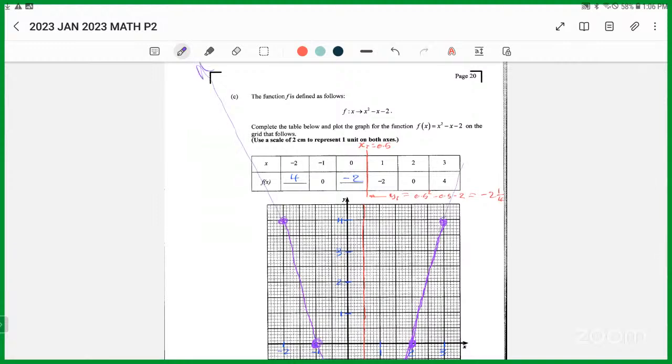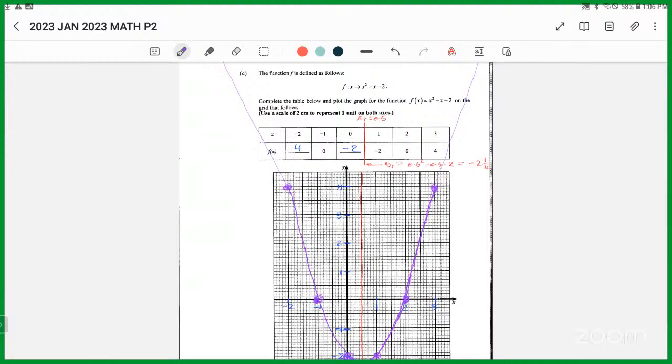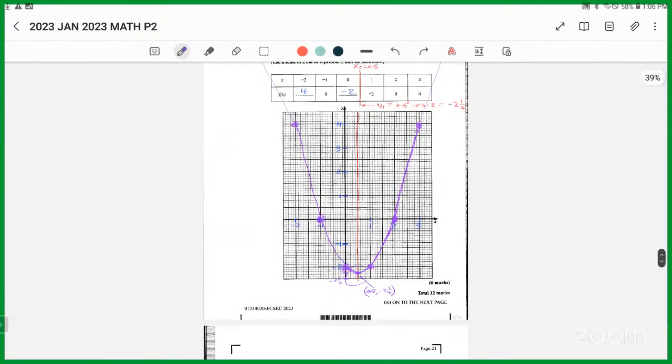The lowest output y value that this function can give you is negative 2 and a quarter, right under this minimum point. That's why that's the minimum value of the function, negative 2.25. You get me?